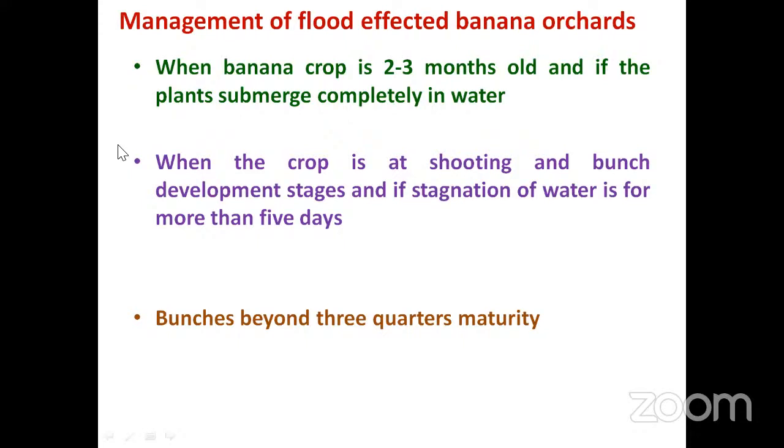In between these foliar sprays, micronutrient sprays should also be given at the rate of 5 grams per liter. And when the bunches are nearing maturity in flood affected areas, the crop should be harvested and marketed as early as possible to prevent premature ripening and rapid spoilage due to decay.